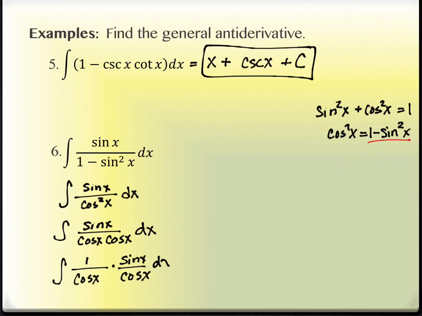So I'm using properties of fractions, sort of the reverse of what we normally do. But it's very clever. And the reason it's very clever is because each of these pieces is now another identity on that sheet. What is 1 over cosine? Secant. And what is sine over cosine? Tangent.